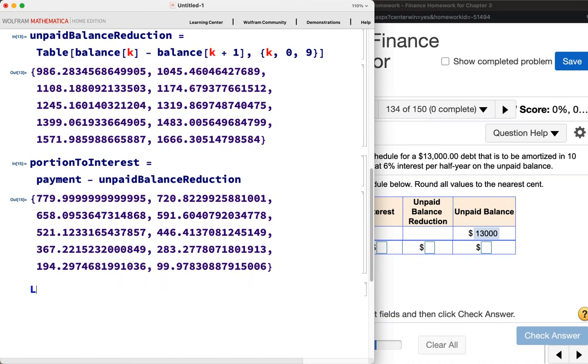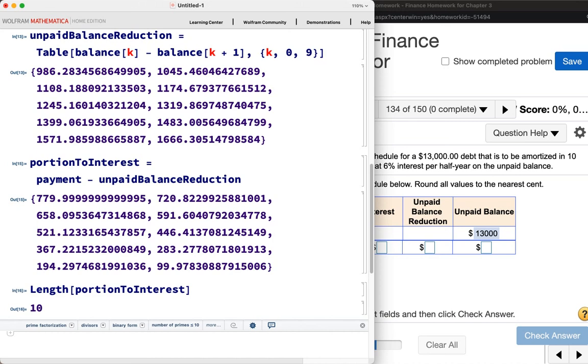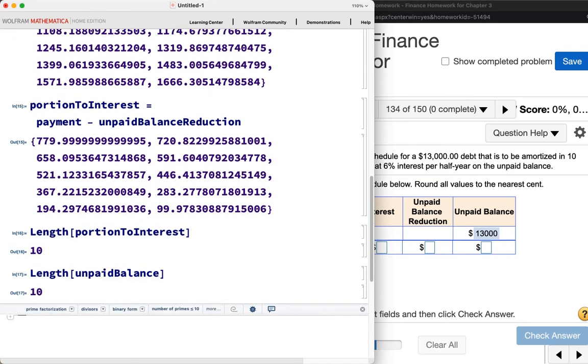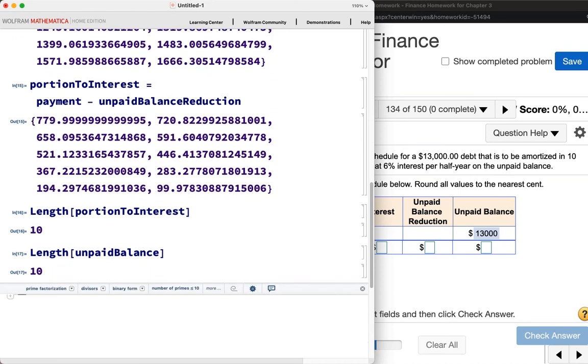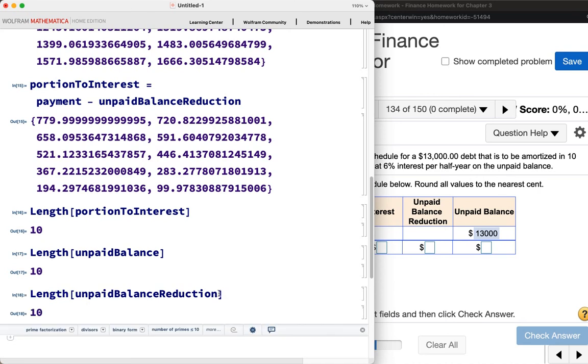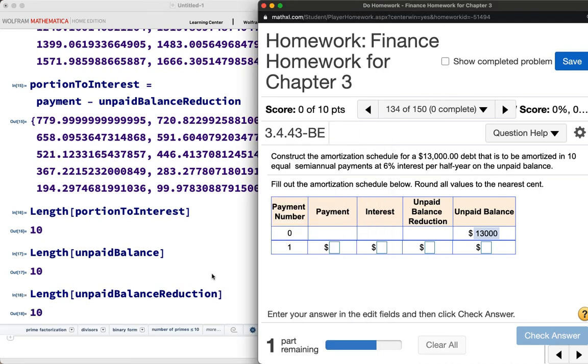Now let me make sure that these lists have the correct length. Portion to interest, 10. Unpaid balance, okay, the list has 10 numbers in it. Unpaid balance reduction. Okay, we're looking good here.